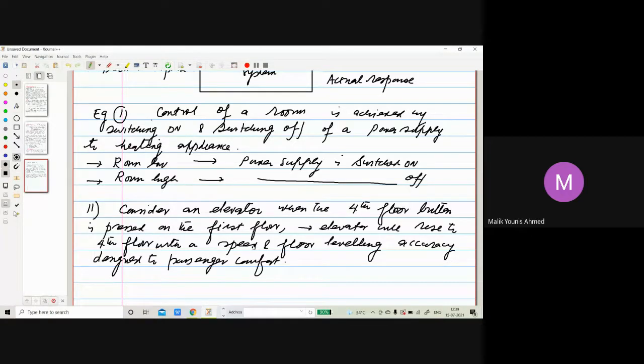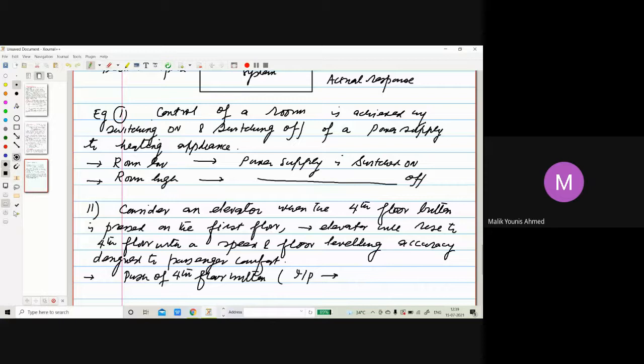Now, push of the fourth floor button is what? Push of the fourth floor button is input. So when we are giving a push of the fourth floor button, this is nothing but input that represents our desired output.